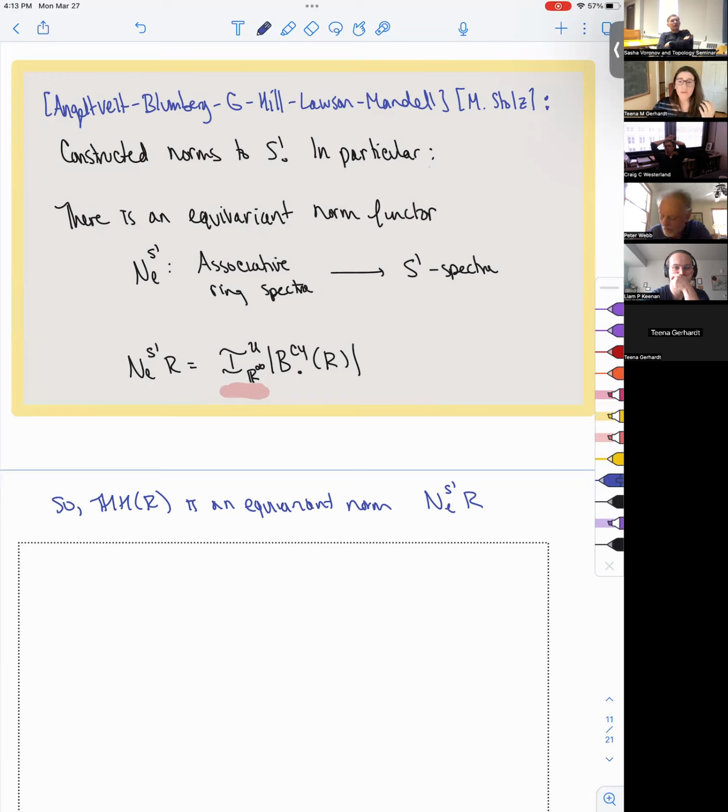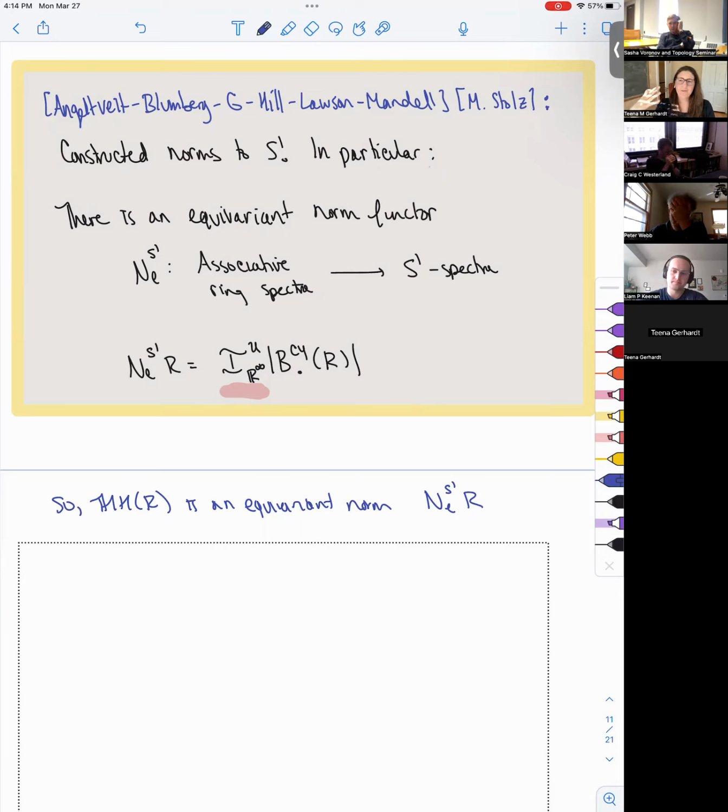Excuse me, Teena. You don't need to change the universe here. Yeah, the change of universe has to do with the fact that when you geometrically realize the cyclic bar construction, it's a cyclic object. So what you get is a spectrum with an S1 action. That's a very naive notion of what we mean by S1 spectrum, just a spectrum with an action.